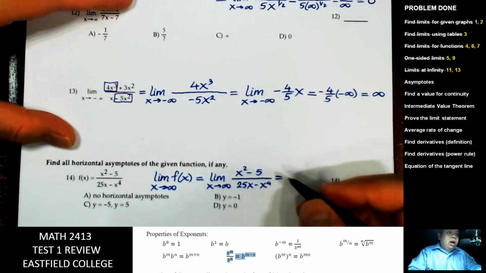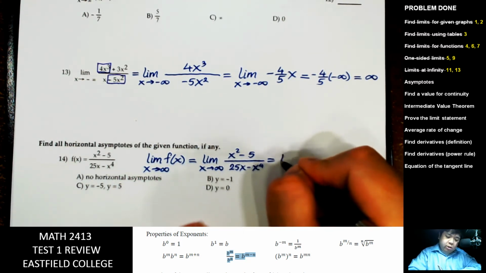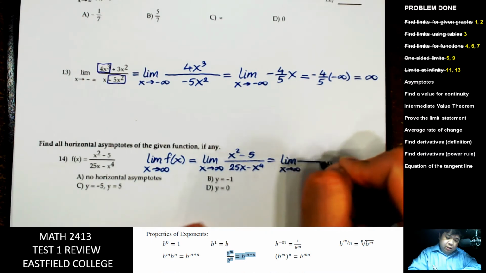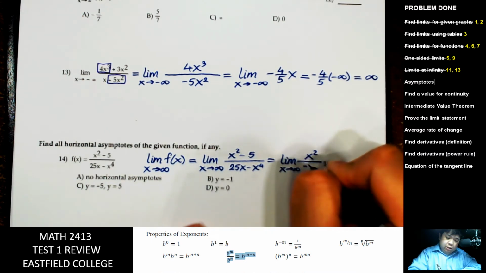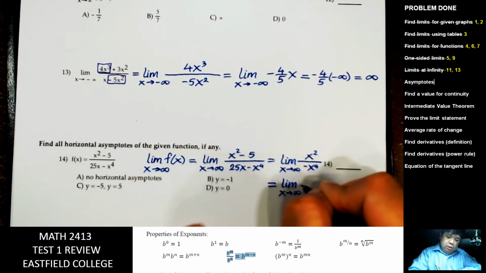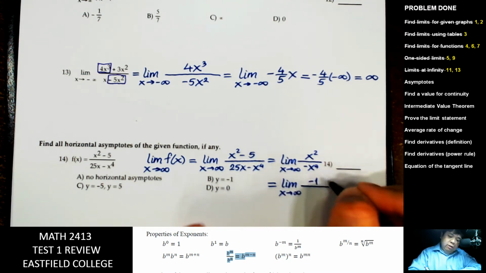Once again, we take the one with the highest power, x squared and negative x to the 4th. And we will have, it's going to be negative.